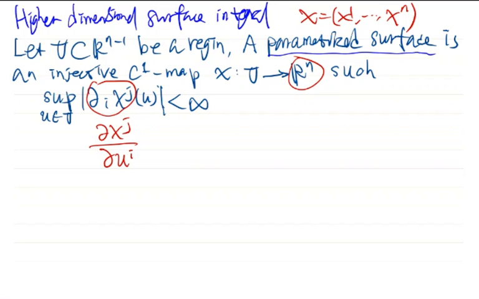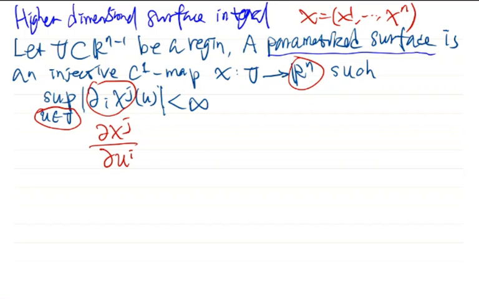Bounded means that when you go over the whole region U, the set of numbers is a bounded set. Symbolically, this can be written as the supremum is finite.